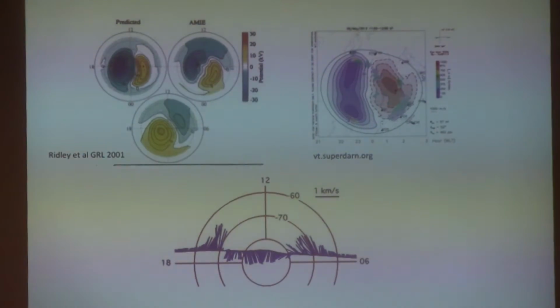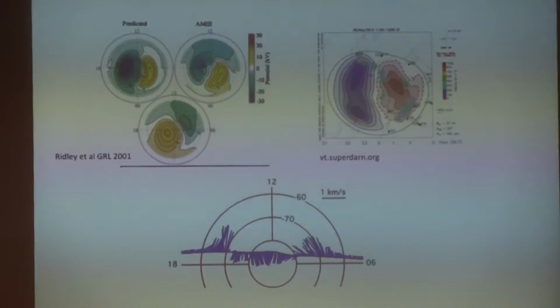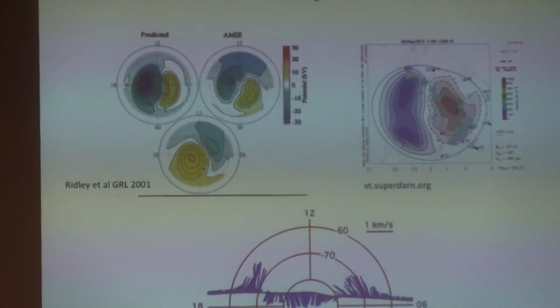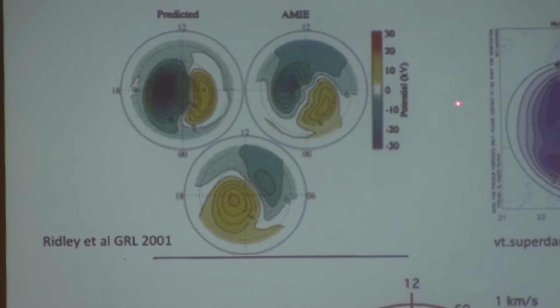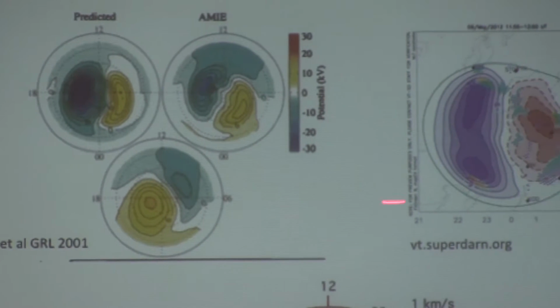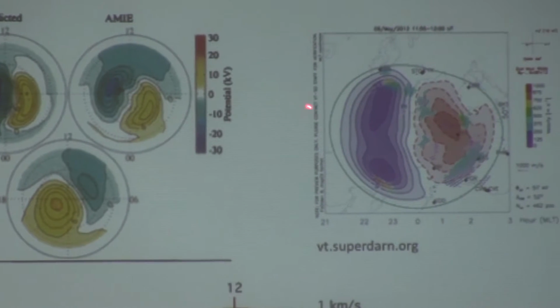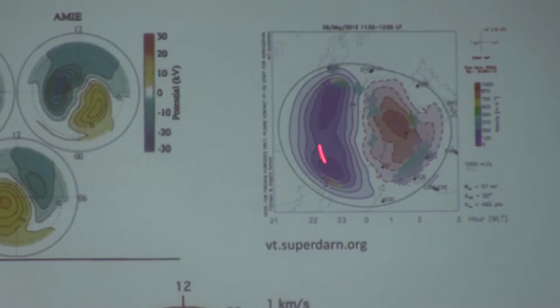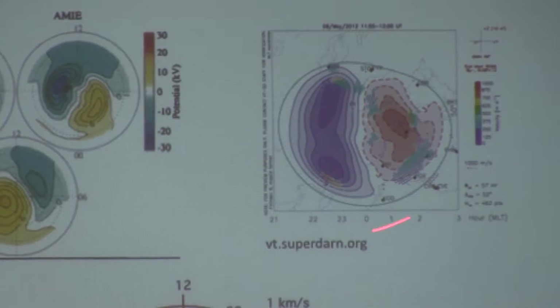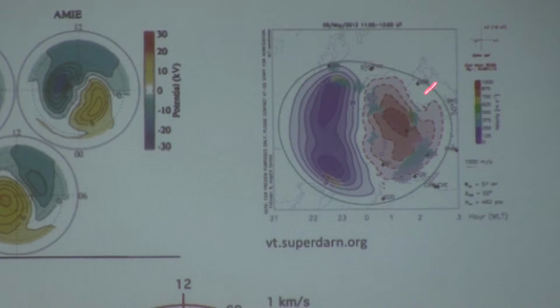And that same exercise can be done quite readily now by a fairly vast array of HF radars. This is from SuperDARN, where all available measurements from the SuperDARN arrays, which are distributed in the northern and in fact in some in the southern hemisphere, are used to produce, again, an instantaneous picture of the convection pattern.